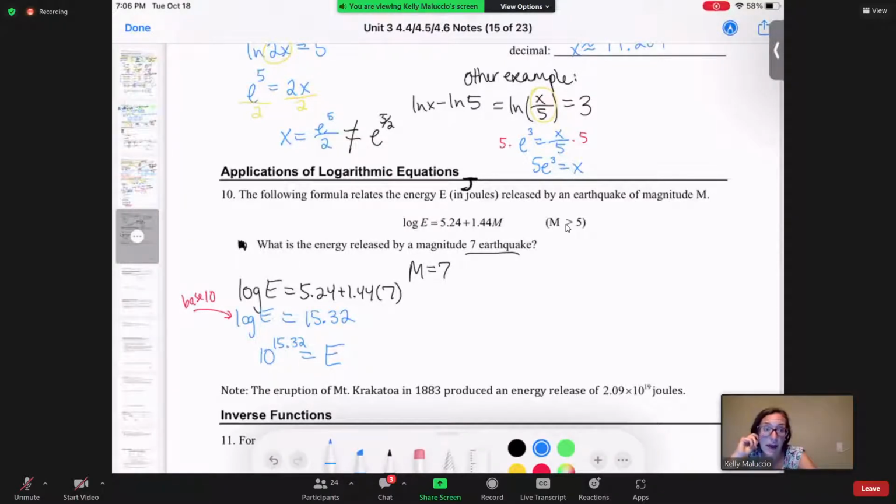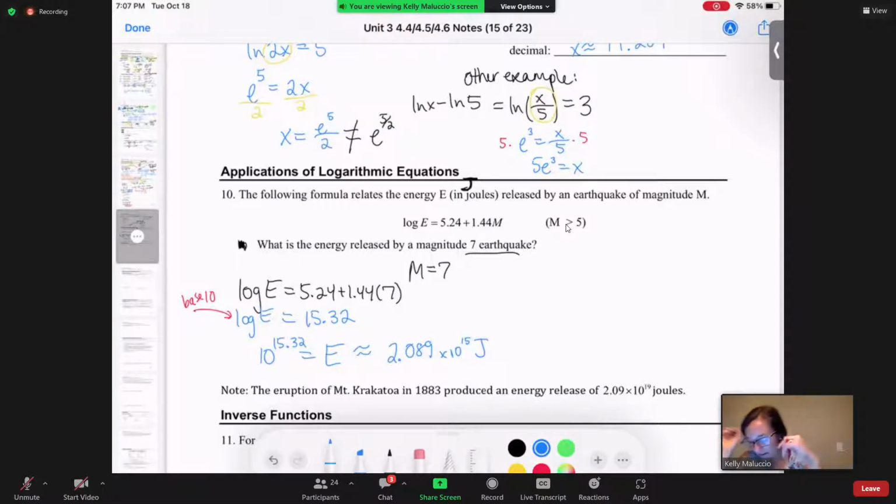Now, you can put this in your calculator, 10 to the 15.32, and it is approximately 2.089 times 10 to the 15 joules. And I'm just going to write a capital J, but you could write out joules as well.